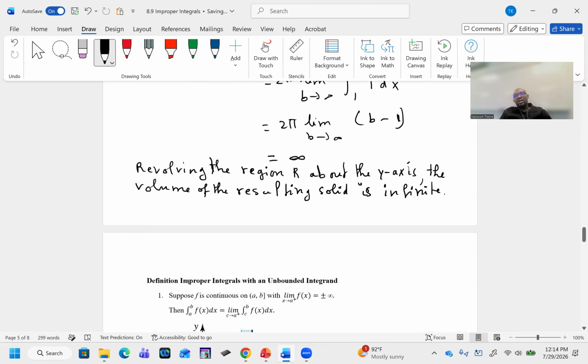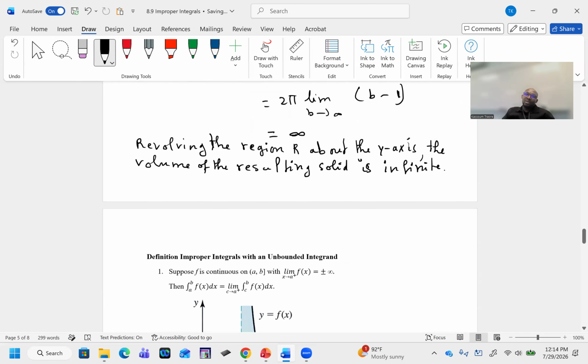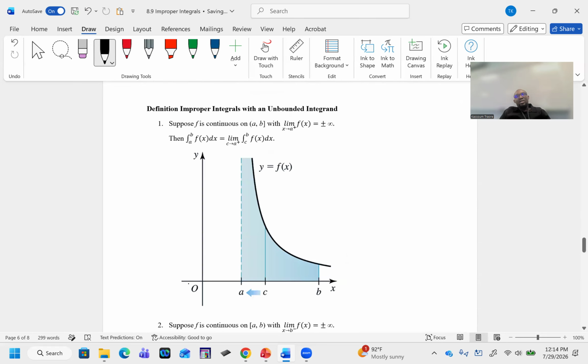Okay, so now let's talk about the next section. So I hope you understand this one. Next thing to learn, definition of improper integral with an unbounded integrand. So suppose f is continuous on the half-open interval, open at a and closed at b, with the limit of f of x as x approaches a equal to plus or minus infinity.